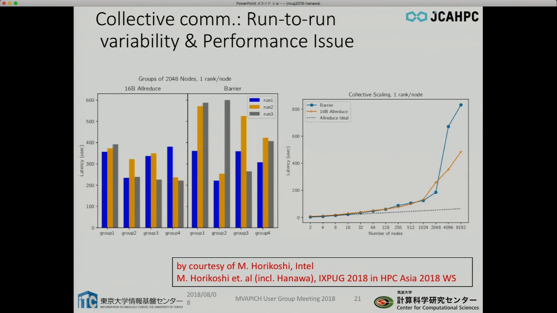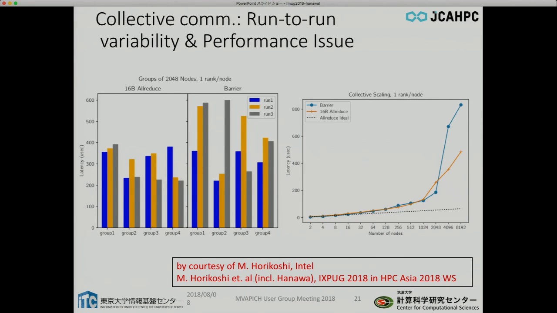In the Oakforest-PACS system, KNL and OPA are very new technology, so we faced many issues. The first one was collective communication. In our observation, the collective communication performance had very wide variability run by run.